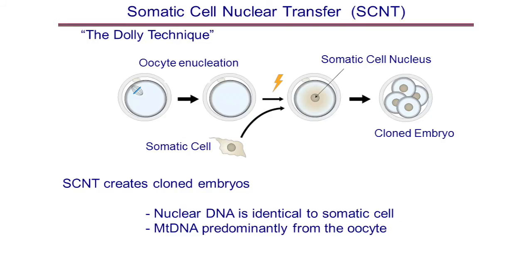So that led to the technique of somatic cell nuclear transfer, which is also called the Dolly technique, used to create Dolly the sheep. So what happens here is that we take an unfertilized egg, we remove the spindle and chromosomes from that, we have an enucleated egg, and then we fuse a somatic cell with that to create a cloned embryo.